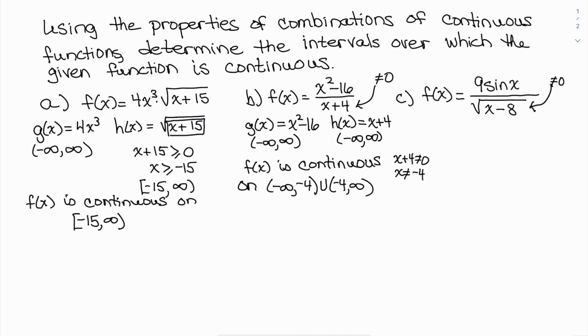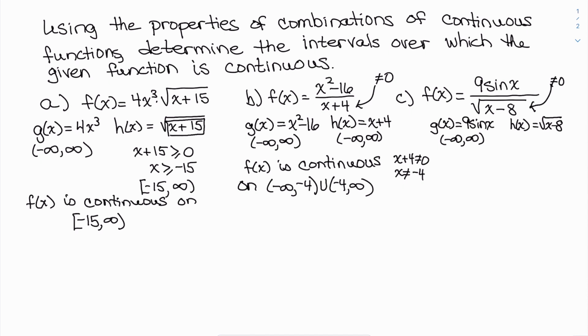This function is made up of two different functions. g of x is equal to 9 sine x, and h of x is equal to the square root of x minus 8. Sine x is continuous throughout all real numbers, and multiplying that by 9 doesn't affect that. So I have negative infinity to infinity for the interval that g of x is continuous.